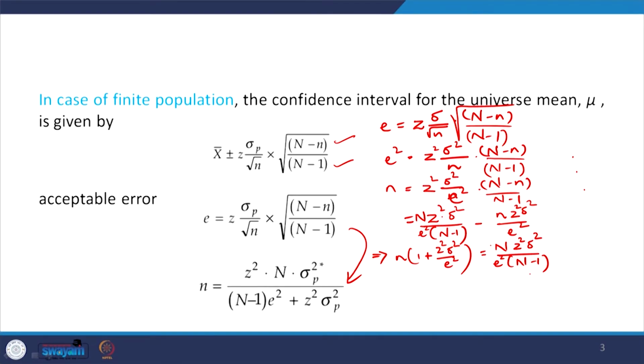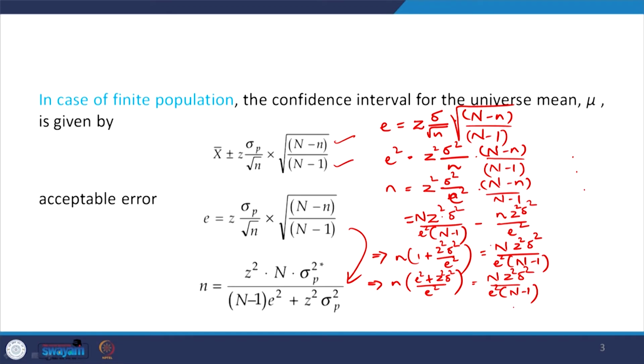Now, what is left here? What is left is this: n times (E squared (N minus 1) plus z squared sigma squared) equals N z squared sigma squared over E squared (N minus 1).